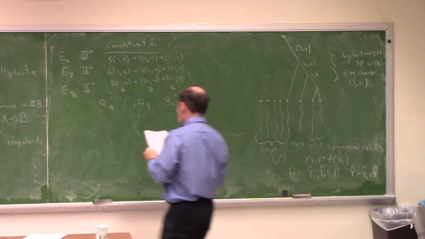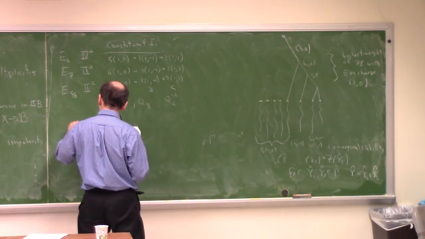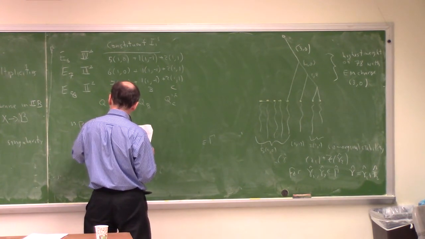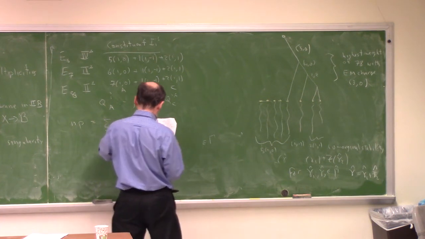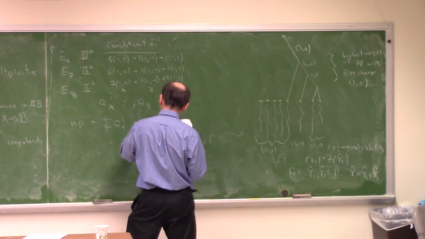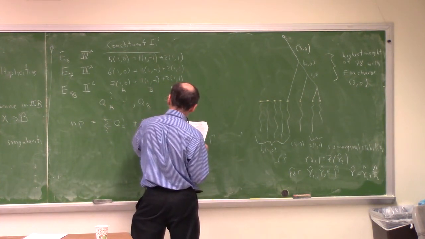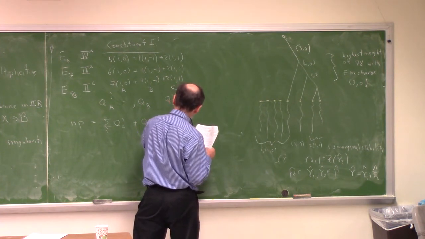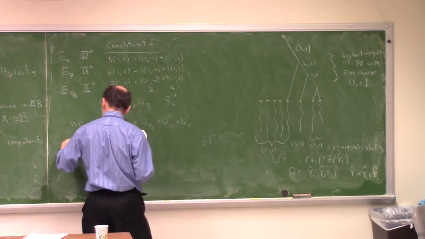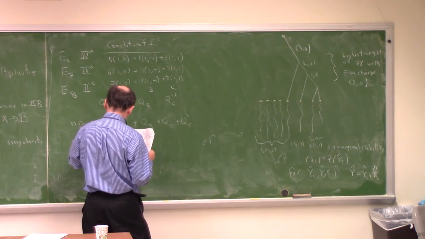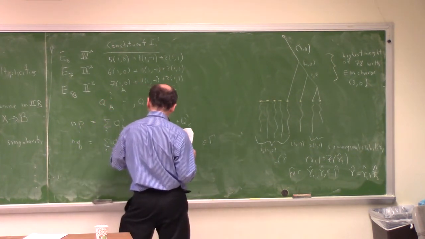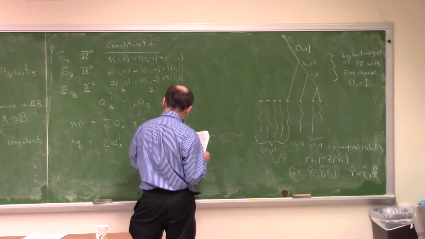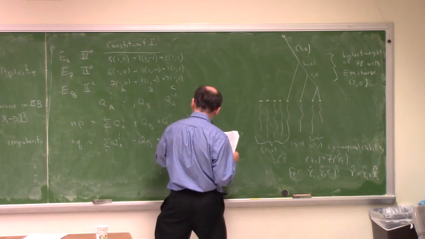And the charge must now satisfy n times p is the sum over i of Q_i^A plus Q^B plus Q_1^C plus Q_2^C, and n times q is the sum over i of Q_i^A minus Q^B plus Q_1^C plus Q_2^C.